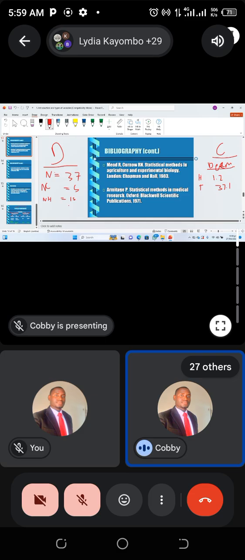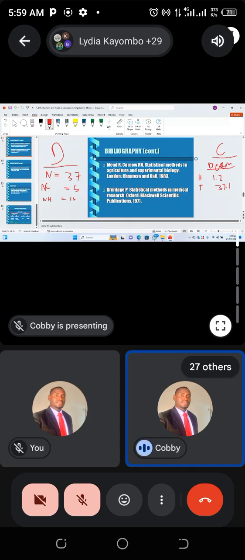You can't visit 1.5 houses, it's impossible. So variables that can be whole numbers are called discrete variables, and normally these are found by counting. But those on the other side are normally found by measuring. You have to measure.